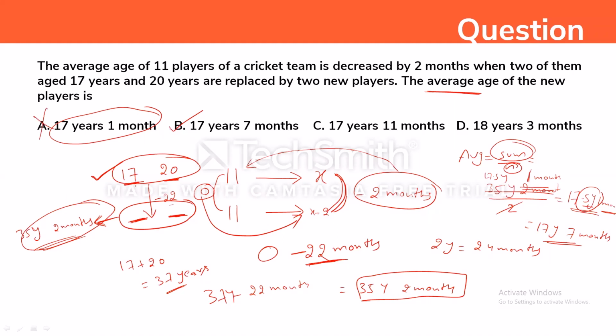Now if I take 2 times option B, 17 years 7 months: 17 years 2 times is 34 years, and 7 months 2 times is 14 months, which is again 1 year 2 months. So 34 plus 1, 35 years 2 months. So from here itself I can guess option B is correct, and none of the other options satisfy my sum of the ages of the two new players.